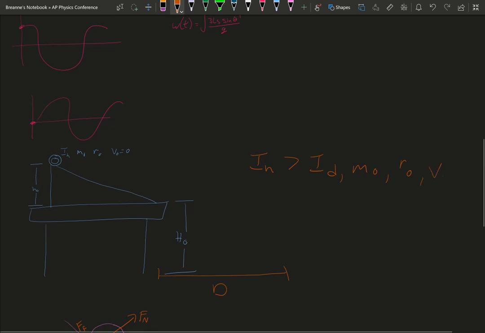So this one's also released from rest, rolls down the ramp and launches horizontally off the edge of the table. In your response, discuss the physical aspects of the hoop and disc that are similar and different, and how those differences affect the horizontal distance traveled.